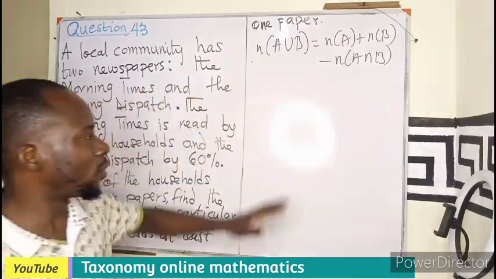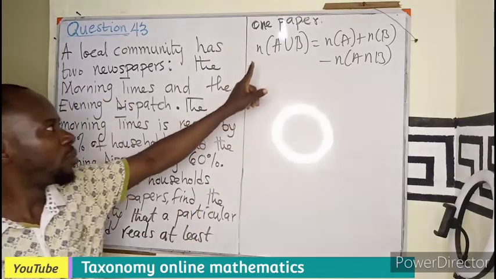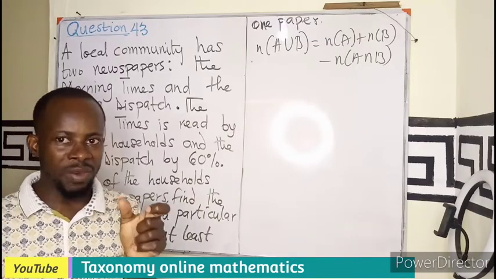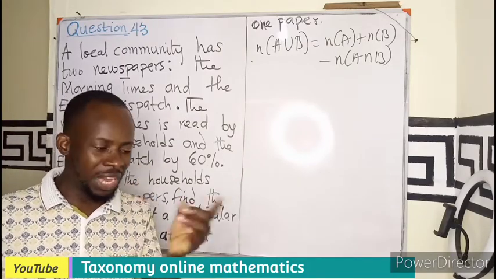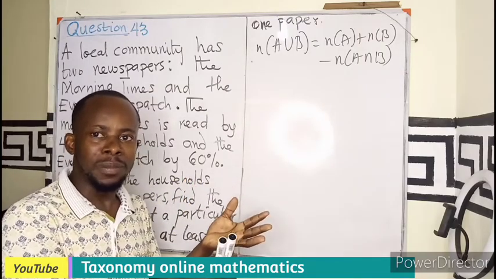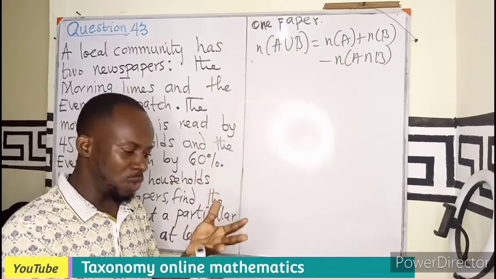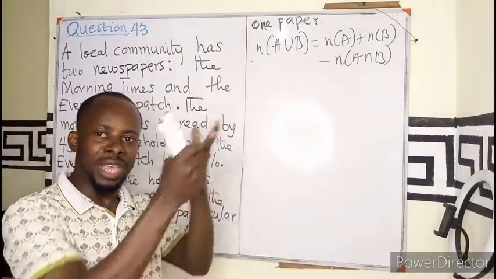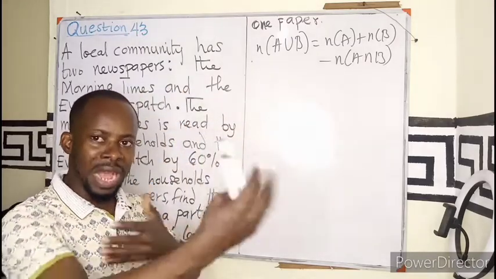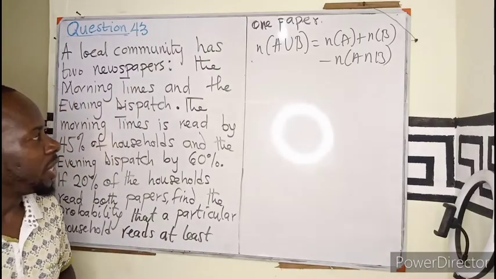Good. We can also borrow that into this because we have the probability of A or B. We are referring to at least. So either a household is reading Morning Time without reading the Evening Dispatch, or the other household is reading Evening Dispatch without reading Morning Time, or both are reading the Morning Time and the Evening Dispatch.